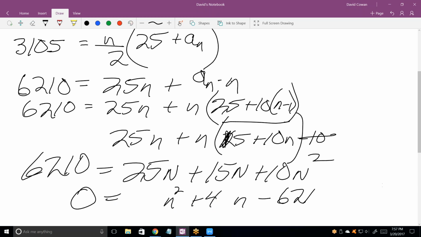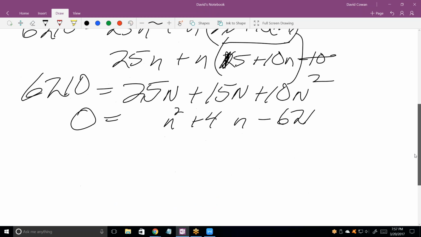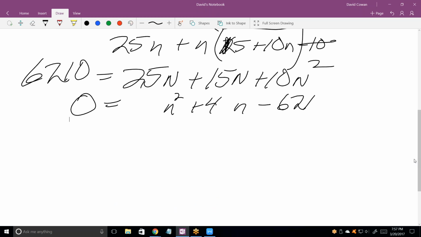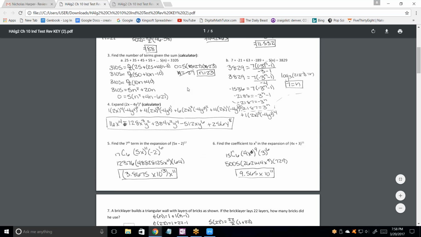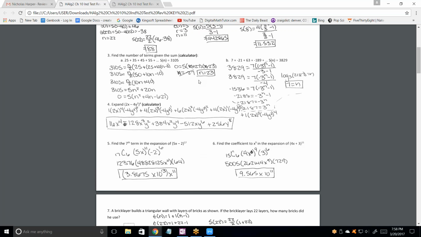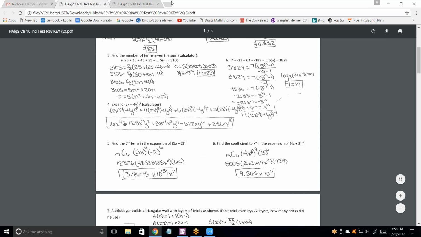Now that's not an easily factored one, but it's going to give you a positive and a negative number. And if my memory serves me right, it's what? Oh, it's 27 and 23 are the two factors.